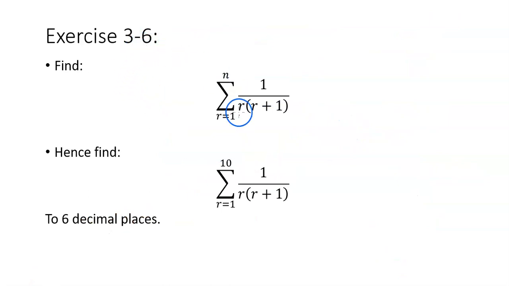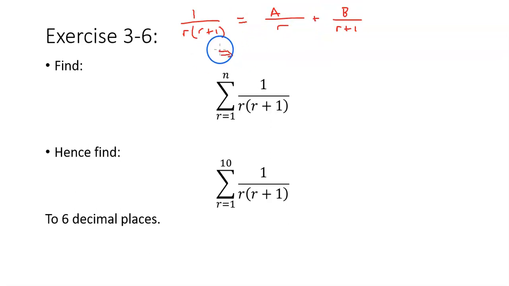Alright, so exercise 3.6. We have this sum here, and maybe you stare at it for a little while, and then you think, okay, I can actually write this as partial fractions. So I can use the partial fraction decomposition theorem to get this into 2 terms, and then maybe things will be nice if we do it that way. The theorem basically tells us that there are going to be constants a and b to make this work.